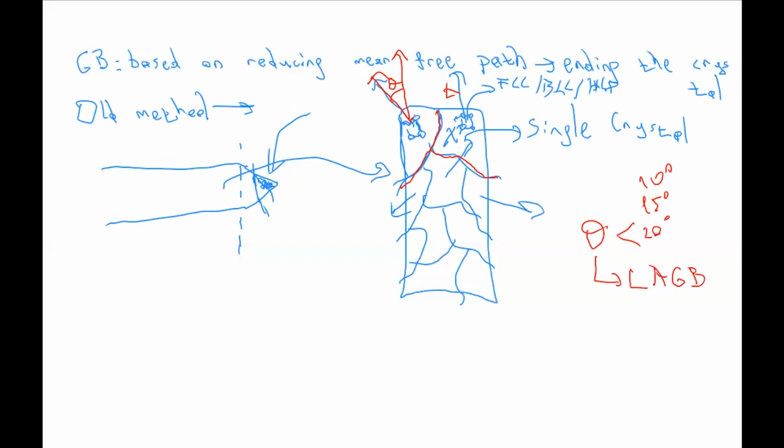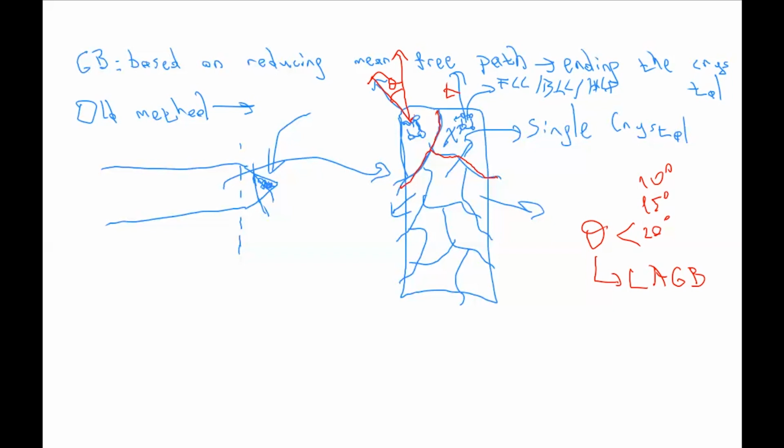It is easier for dislocations to jump across low angle grain boundaries. But if the angle is greater than 20 degrees, it is harder for dislocations to jump.